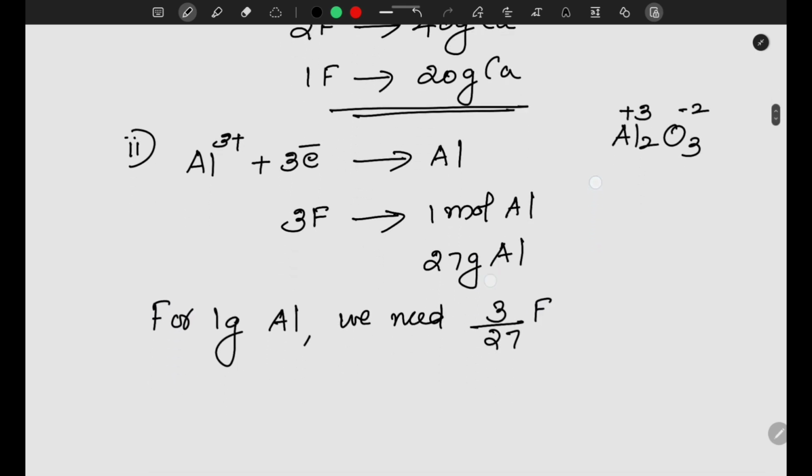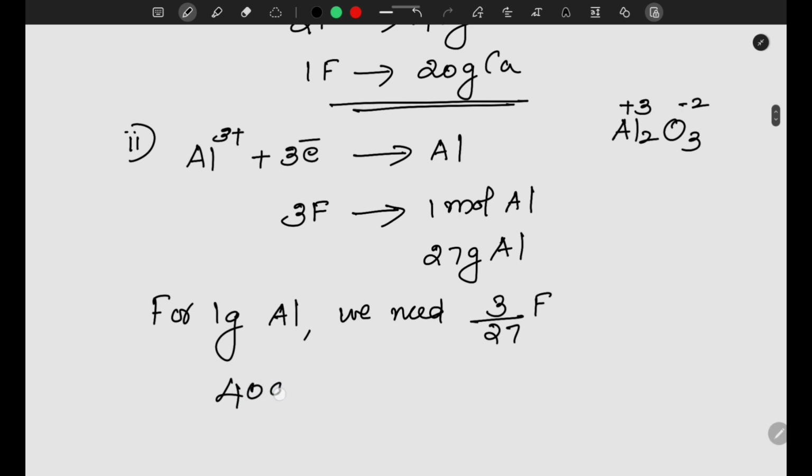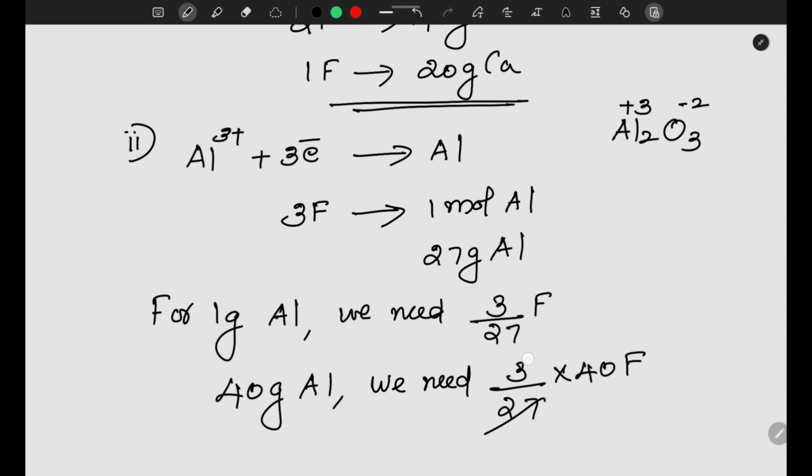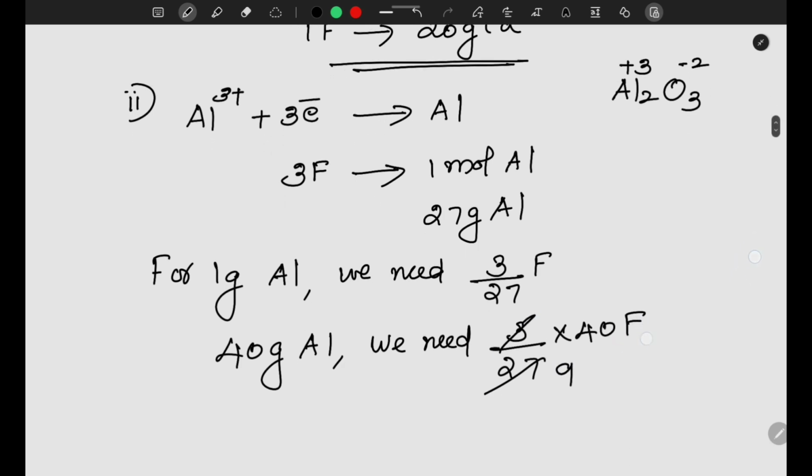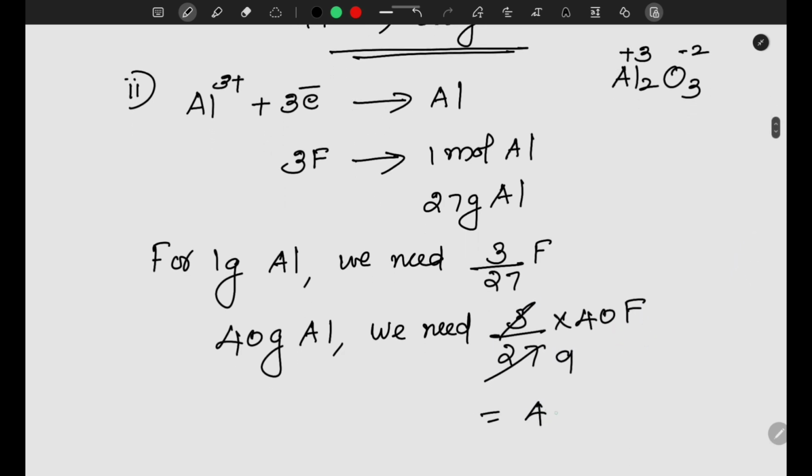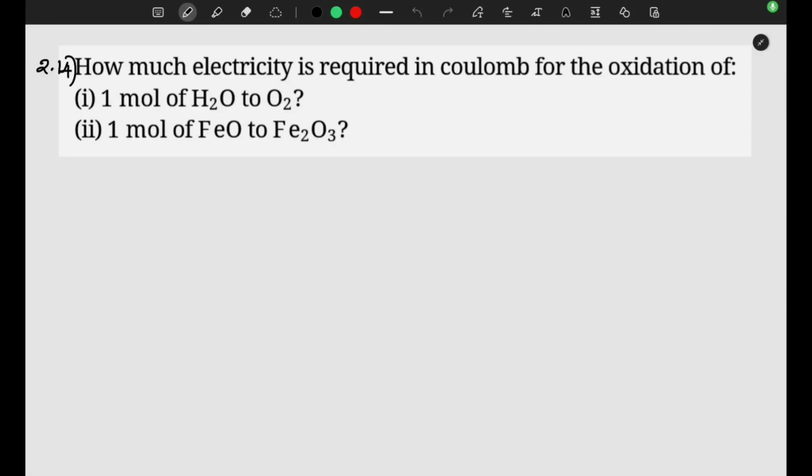We need 40 gram of aluminum. So for 40 gram of aluminum, we need 3 by 27 into 40 Faraday. That is 40 by 9. That is equal to 4.44 Faraday.